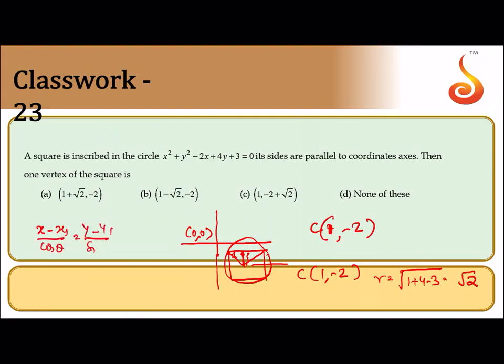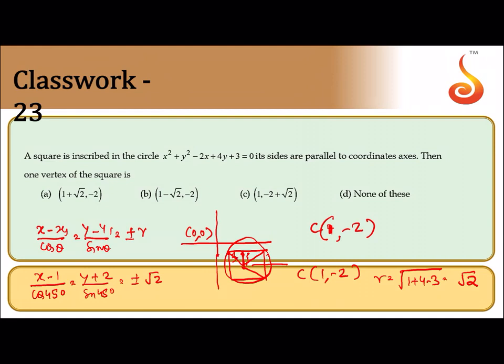(x minus x1) by cos theta is equal to (y minus y1) by sin theta is equal to plus minus r. So this is a symmetric formula to find the coordinates. So x minus, what is x1 here? 1 by cos 45 degrees is equal to y plus 2 by sin 45 degrees equal to plus minus root 2.